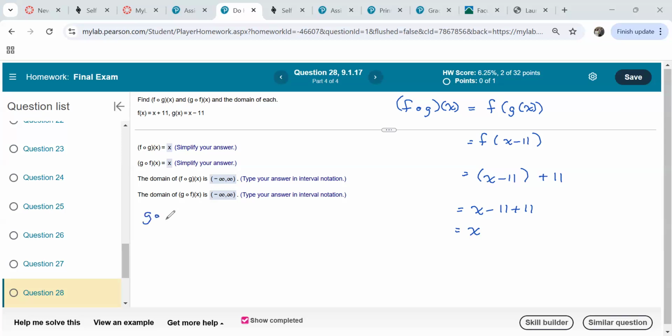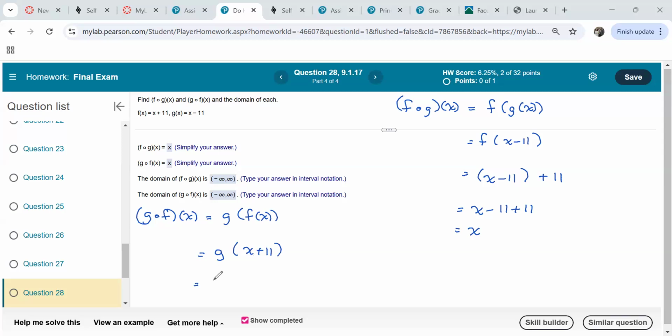Now, if I do g composed with f, and like I said, this is just a weird case, g composed with f, then g is on the outside, f is on the inside, and f is x plus 11.